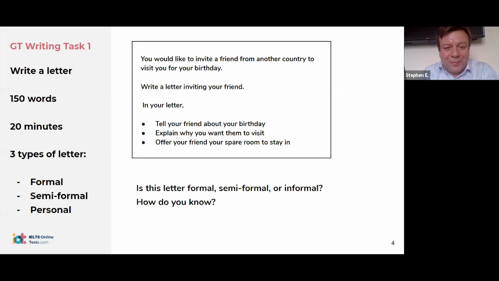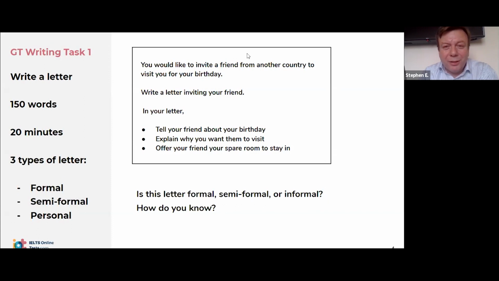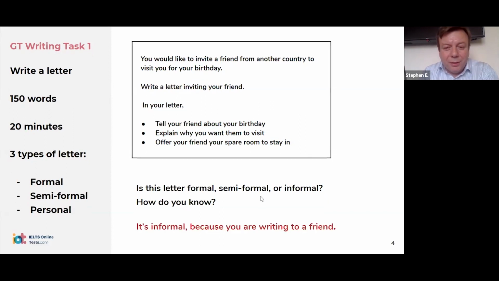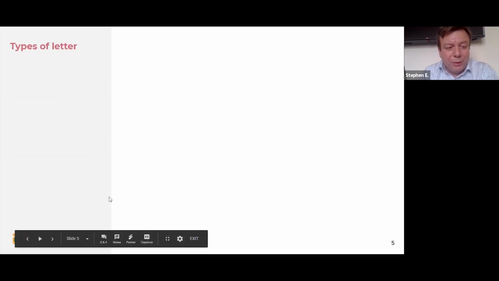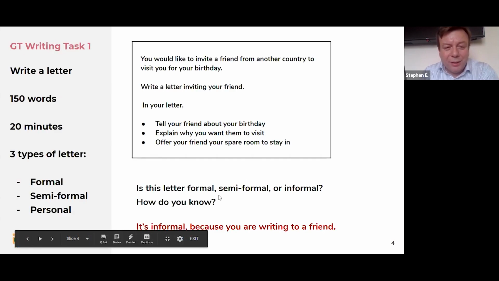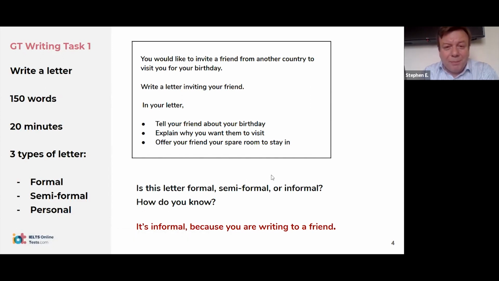How do you know from the task? Yeah, it's to a friend. Very good. It's informal because you're writing to a friend. So make sure you pay close attention to the task.